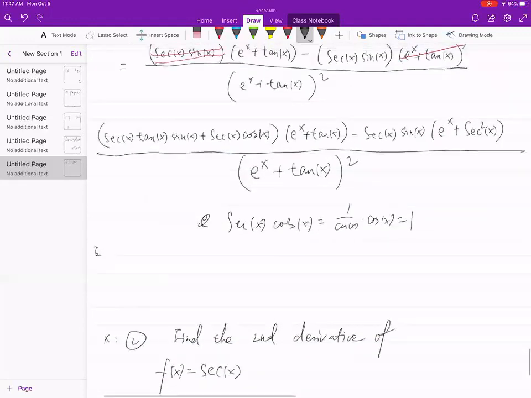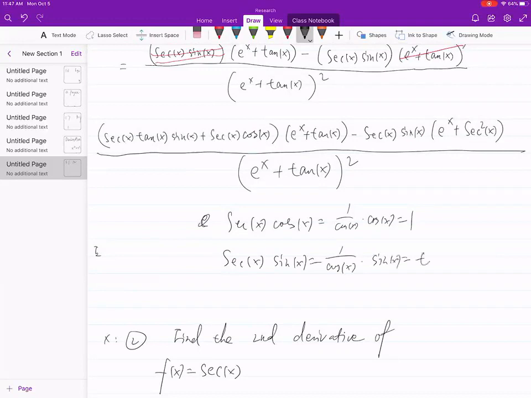So you can simplify further. If you see secant x times sine x, you can certainly do 1 over cosine times sine x equals tangent x, which looks easier. So you can further simplify your answer.